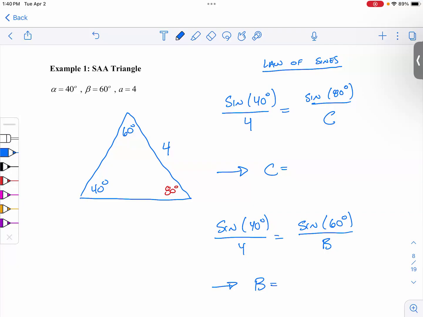And so I can use these ratios, and I can plug in the missing information into my triangle.